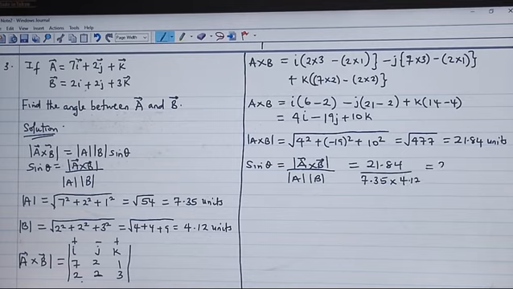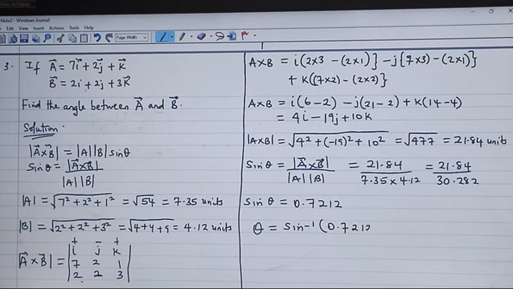This is 21.84 all over 30.282. If you evaluate further, sine theta gives us 0.7212. So your theta will be the sine inverse of 0.7212, which leaves us with an angle of 46.15 degrees.